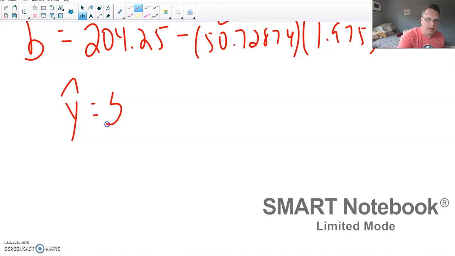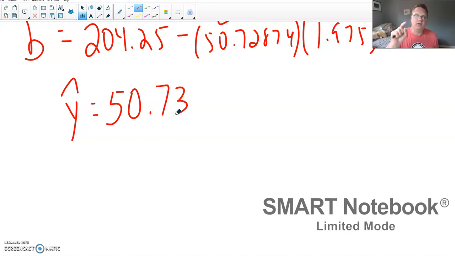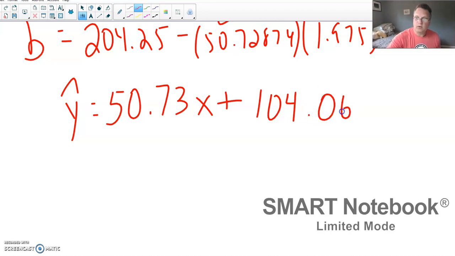So y hat is 50.7, and this isn't till the end. When you're finding your slope and y-intercept, you're going to go at least 3 decimal places, because you're going to round here to 2. So 50.73x plus 104.06. That is the regression equation.